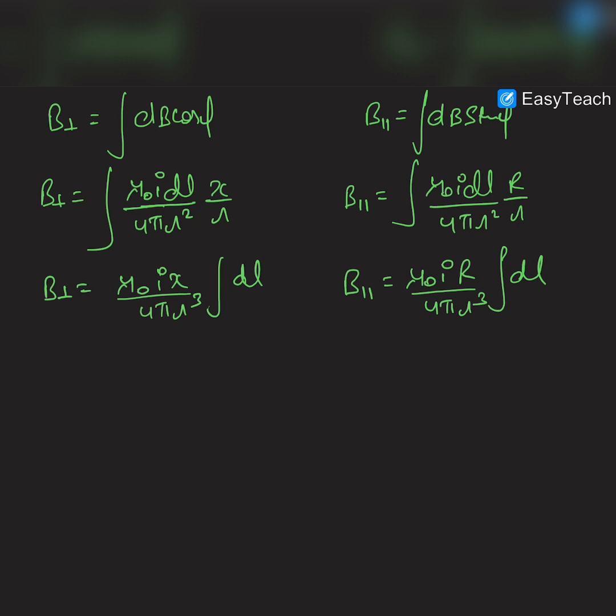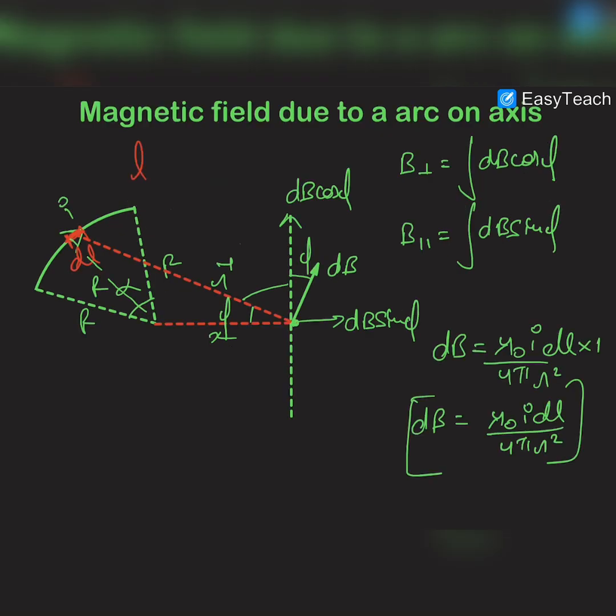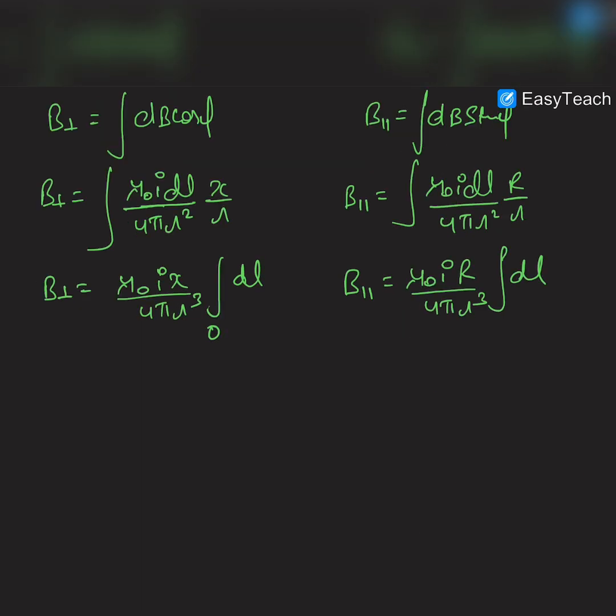The limit of dl will be from 0 to L, where the length of the arc L is R alpha, so the limit is 0 to R alpha.